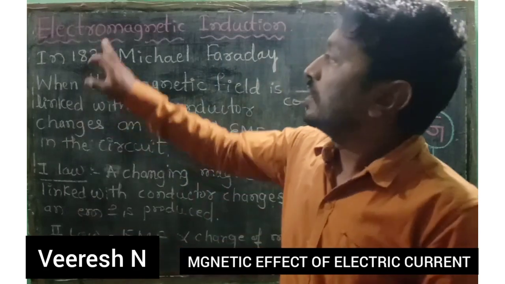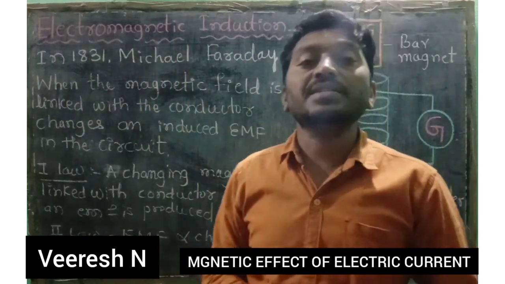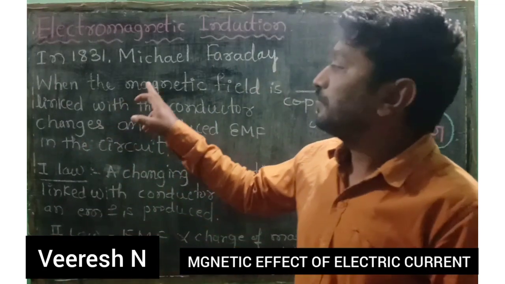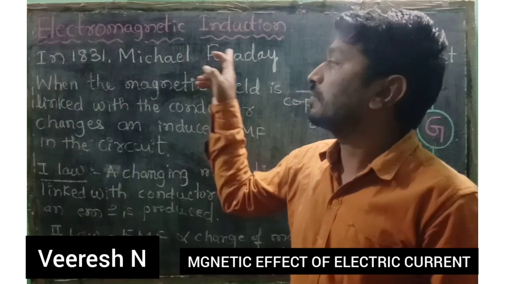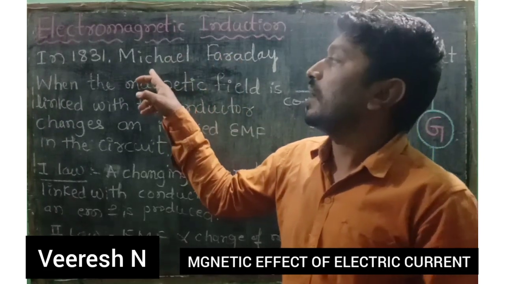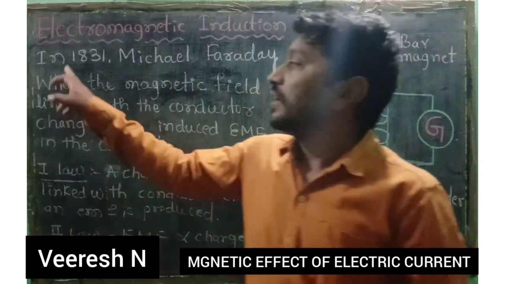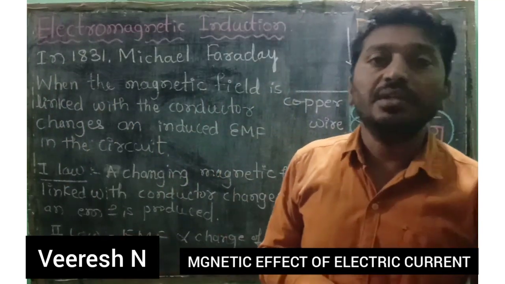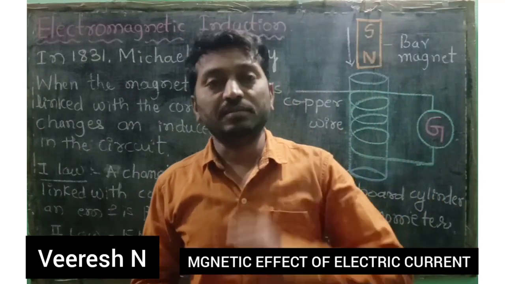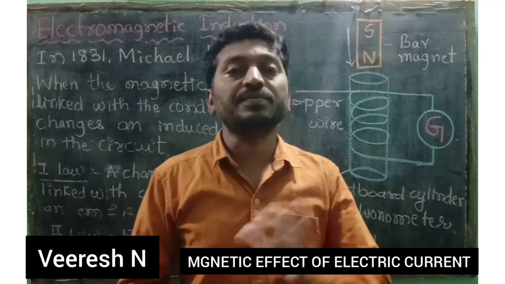So first, electromagnetic induction. This phenomenon was proposed by Michael Faraday, an English scientist. He discovered electromagnetic induction in the year 1831. He made a breakthrough experiment in the branch of physics.